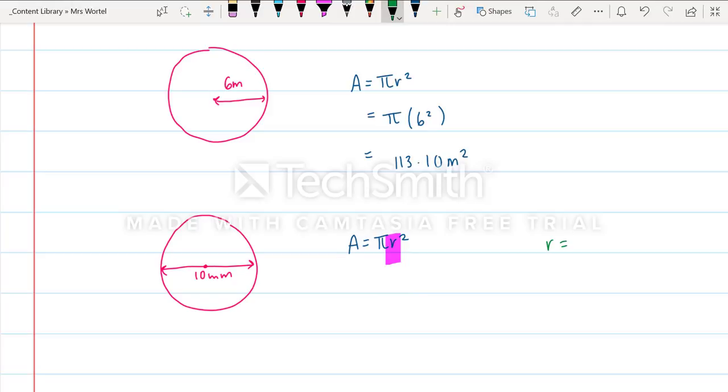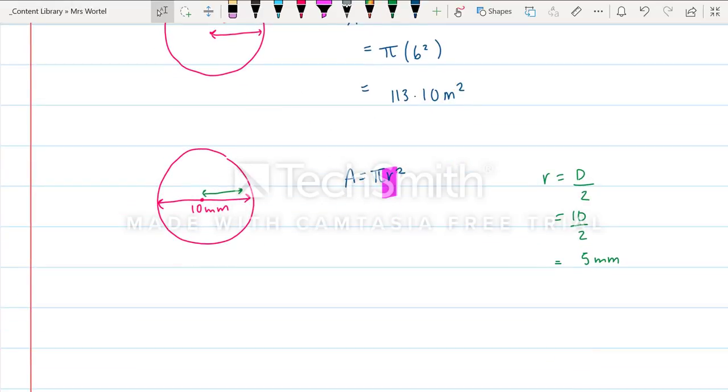So radius is equal to my diameter divided by 2. It's just half of the diameter. 10 divided by 2 is 5 millimeters. Now we have our radius. We can go and plug that back into the rule that we wrote earlier.